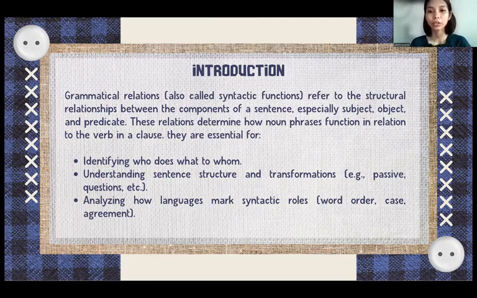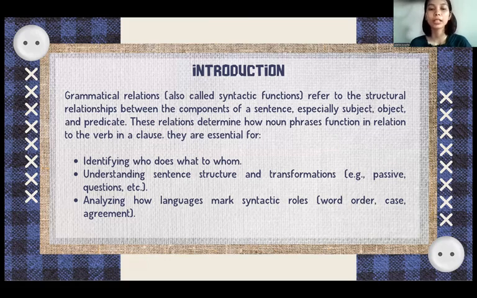They are essential for identifying who does what to whom, and understanding sentence structure and transformation, like passive and question. And the last is analyzing how language marks syntactic rules, like word order and case agreement.